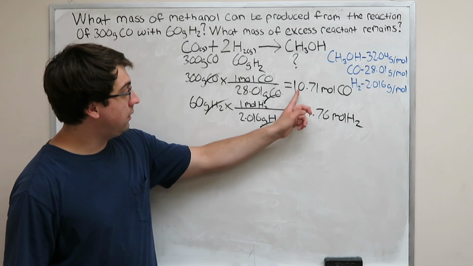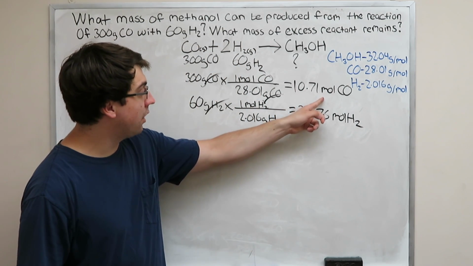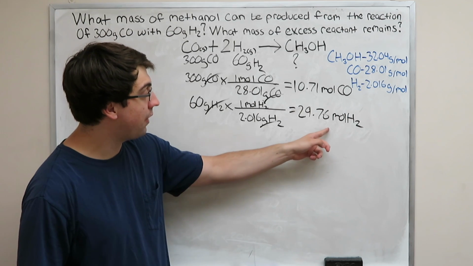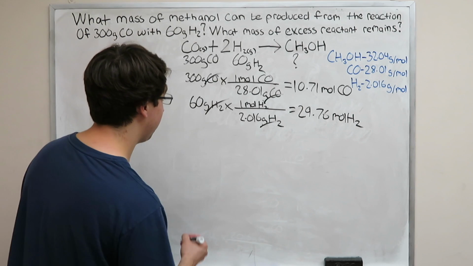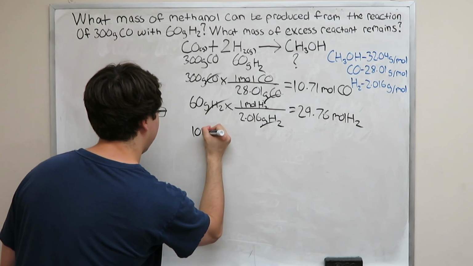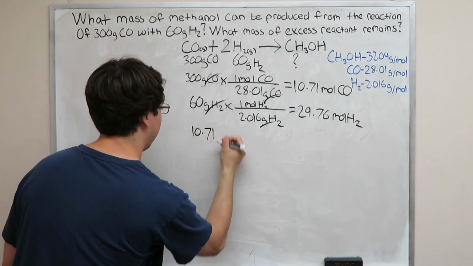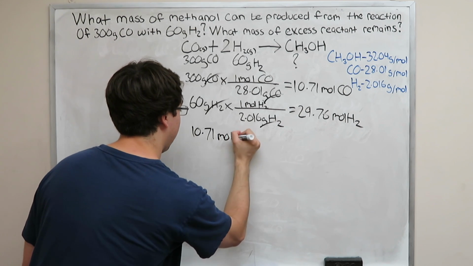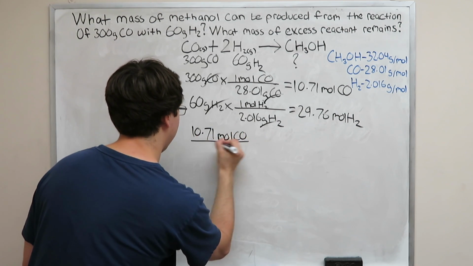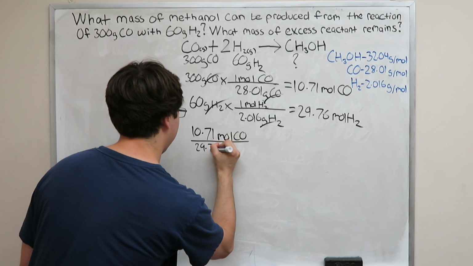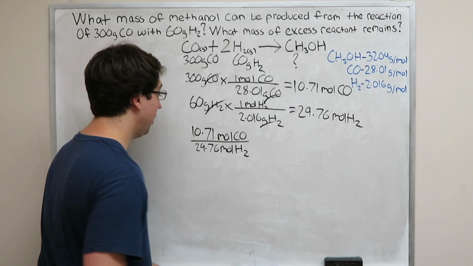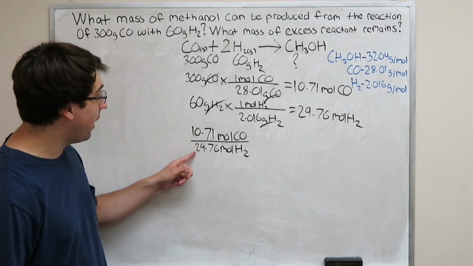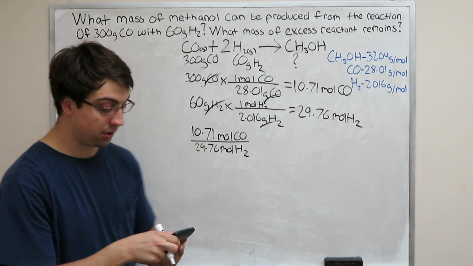We have 10.71 moles of carbon monoxide and 29.76 moles of hydrogen. Now we need to set those up as a mole ratio. I'm going to take the 10.71 and divide it by 29.76.